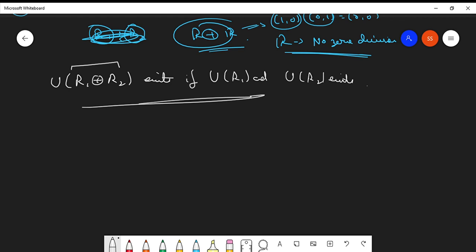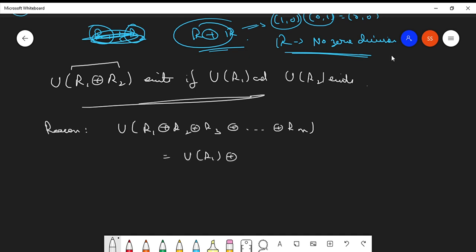The reason is that the units of R1 ⊕ R2 ⊕ ... ⊕ Rn, where each Ri is a ring, are written as U(R1) ⊕ U(R2) ⊕ ... ⊕ U(Rn).